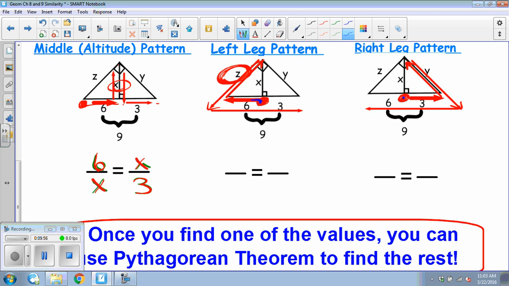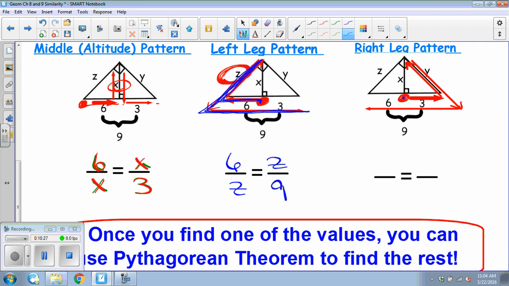Then you do this piece over that piece equals this over the whole bottom. So 6 over Z equals Z over 9. 9 is the length of the whole bottom. So you start here. It's this value over that value equals the same thing over the whole bottom.